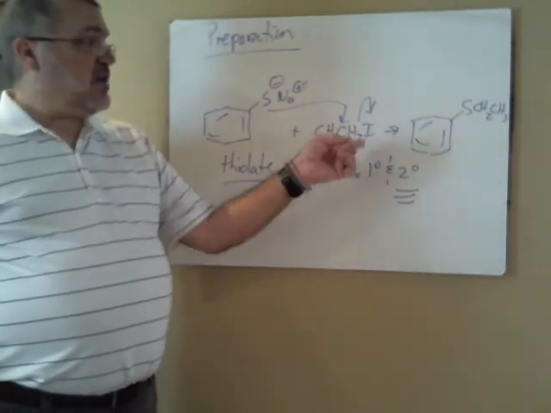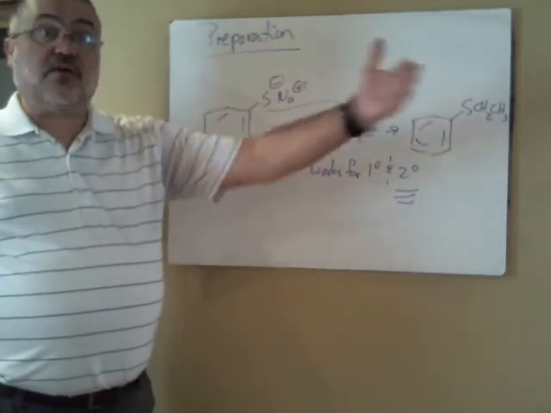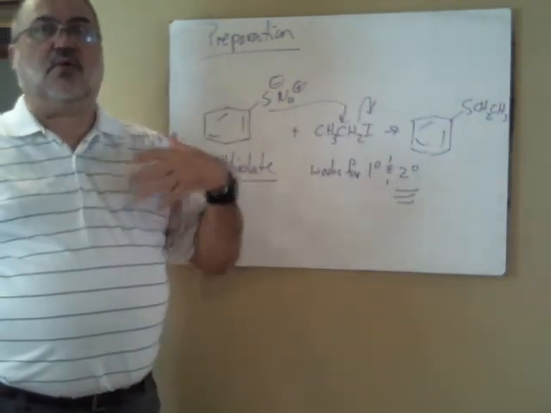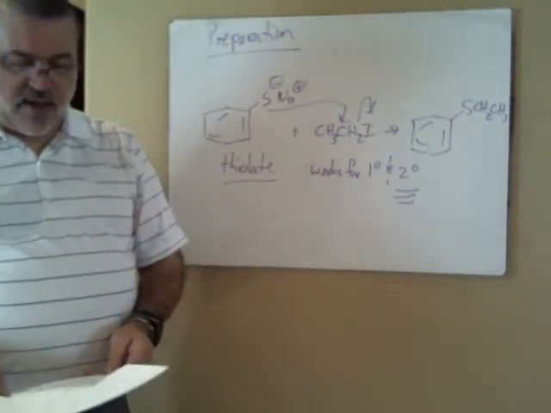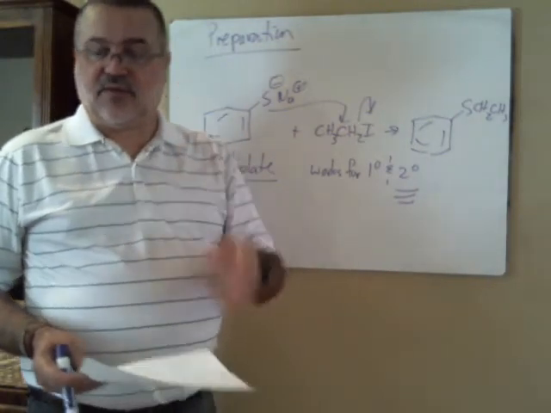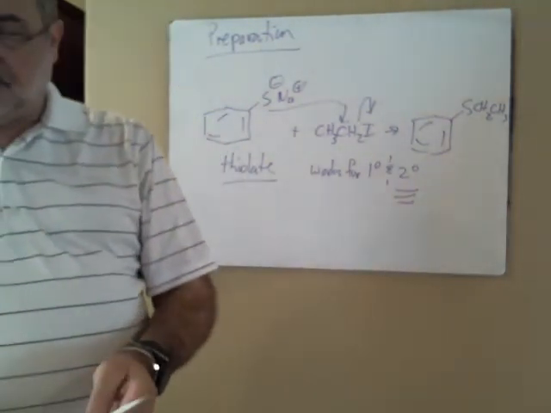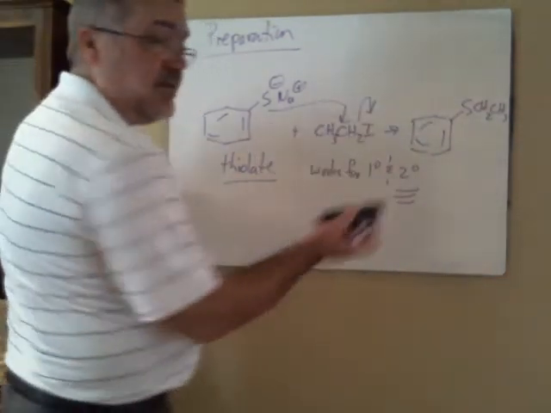Okay? The electrons on the sulfur are farther from the nucleus, a little more polarizable, so more nucleophilic. So the reactivity is a little better. You can do it on primary and secondary. That is the best way of making sulfides.